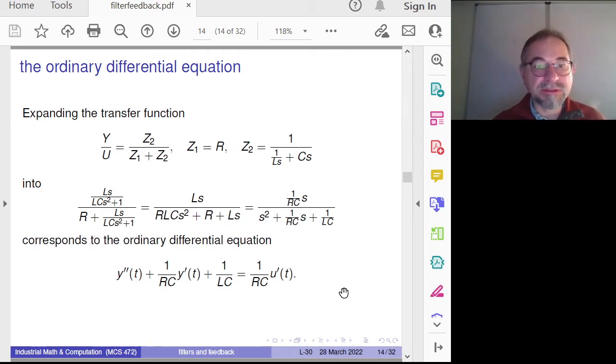That gives us a form for the transfer function, written in a form that then translates into an ordinary differential equation. You see that this circuit has essentially two parameters, the 1 over RC and the 1 over LC.